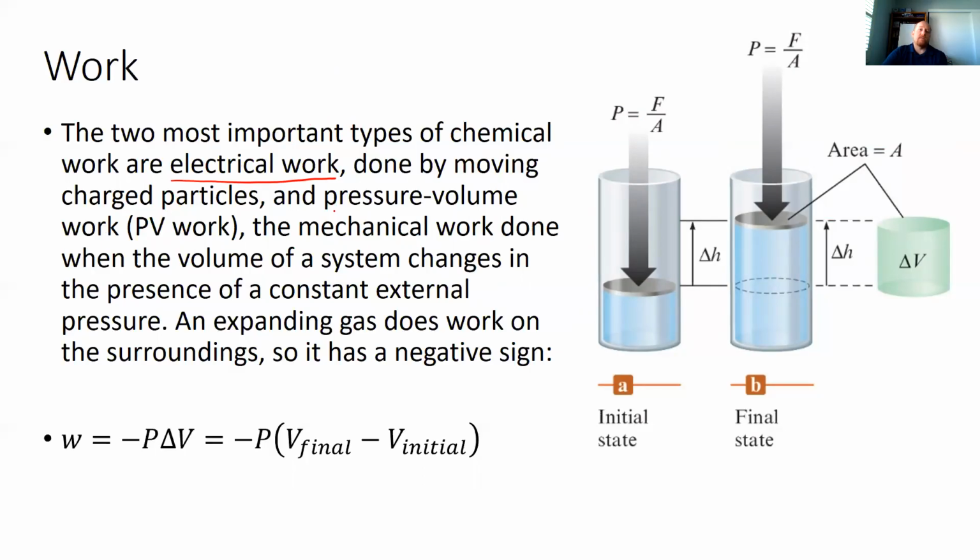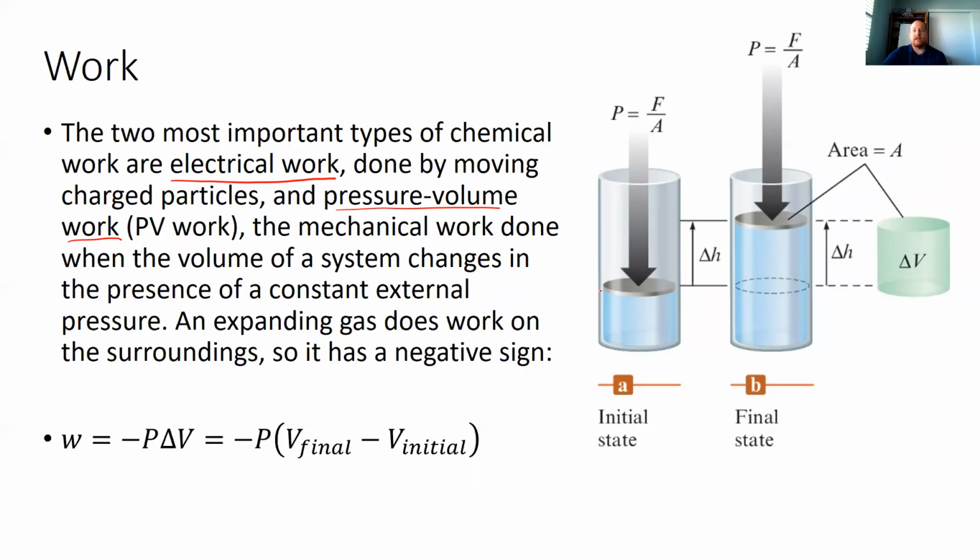The other type of work, which is much more important for us here, is what we call pressure volume work. Okay, so pressure volume work is really just a mechanical work done when a volume of a system changes in the presence of a constant external pressure.